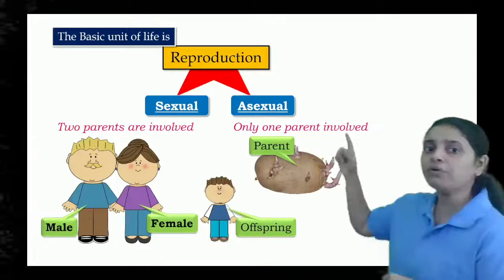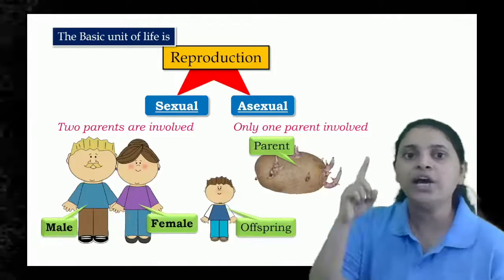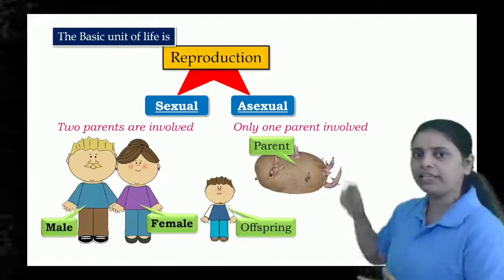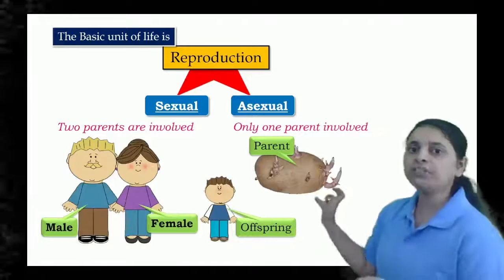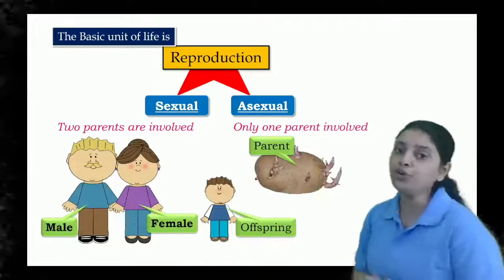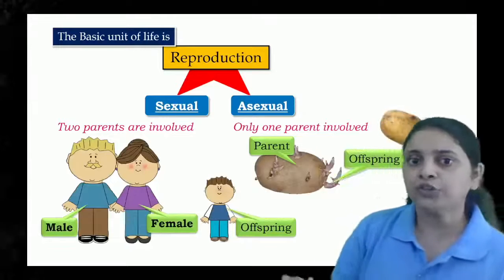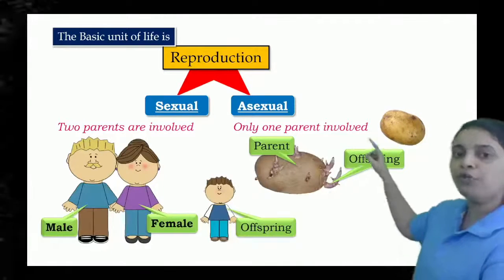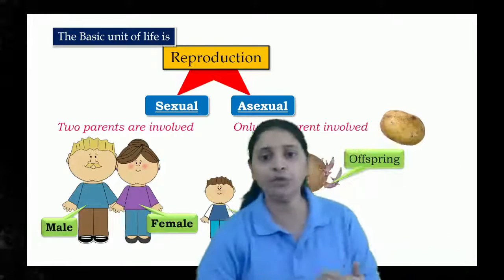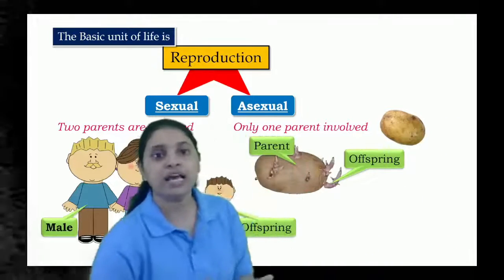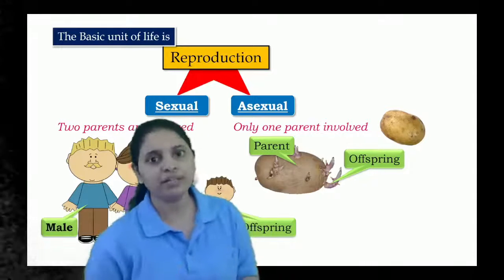But when we talk about asexual reproduction, here only one parent is involved. Like here we have taken an example of a plant, the potato plant. Now potato is a tuber, it will give rise to new buds, right? जिससे new plant growth होगी. So basically these will form new plants, so new offsprings. Now the new generation plants which are produced are almost the same as the parent.